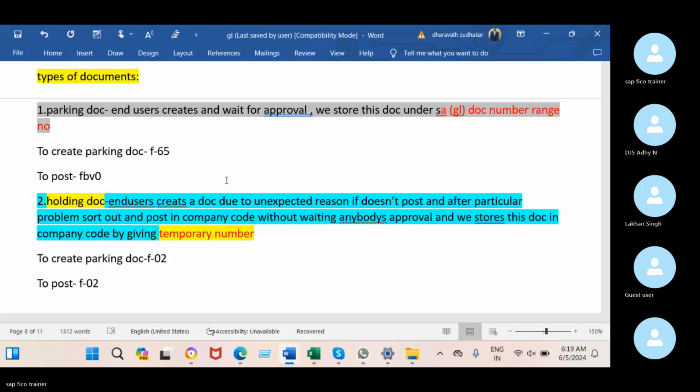Once he gets the approval for the particular document, he will post it in the company code. So we usually store this document to get the approval. We use the SA GL document number range, that is 01.